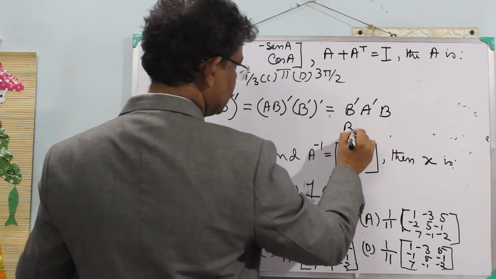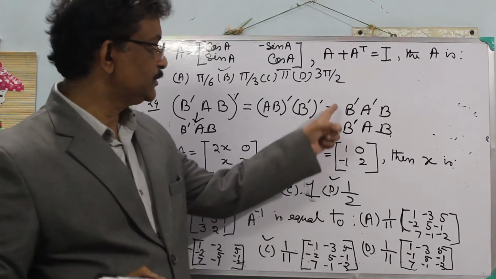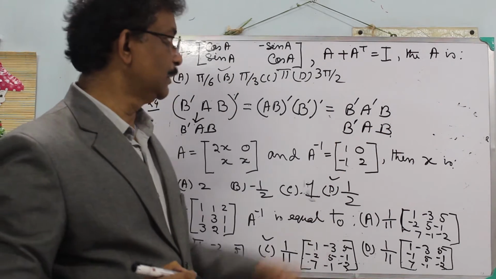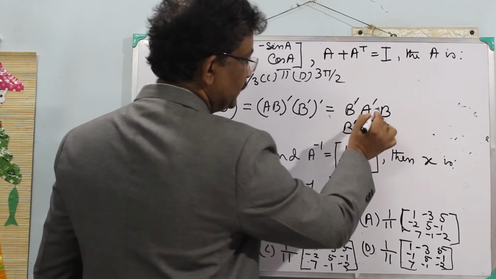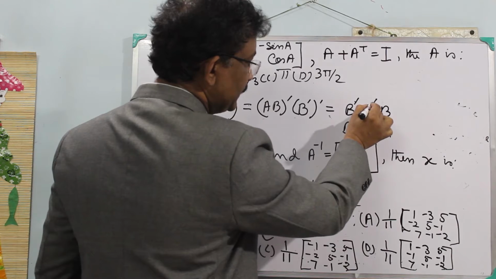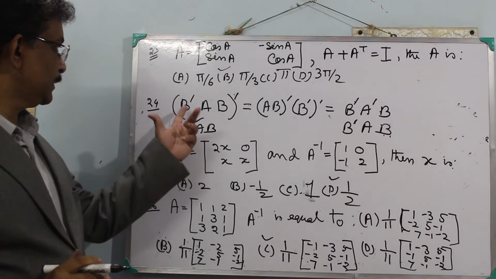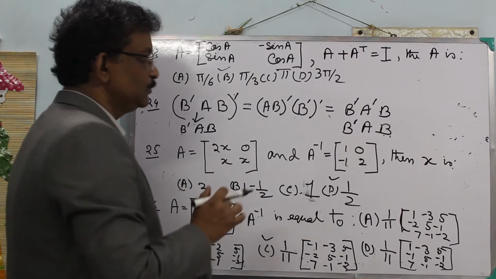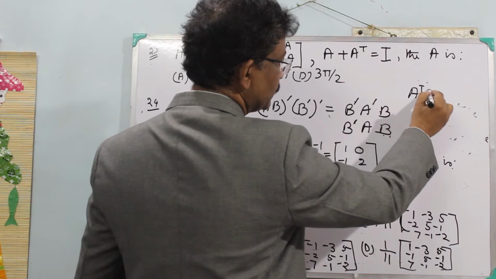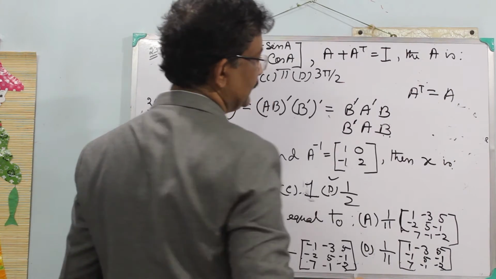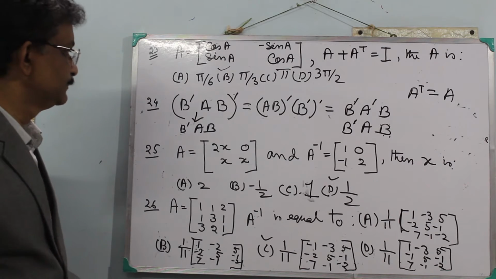So we have to show these two things are equal, which will happen when A transpose equals A, then this would be symmetric.